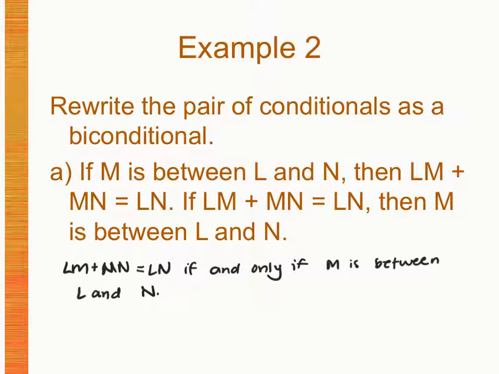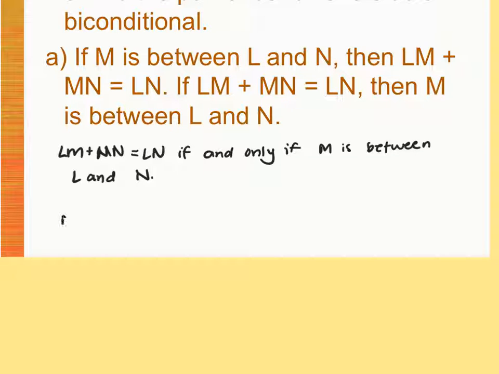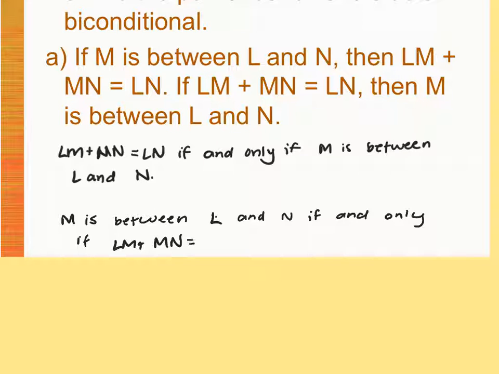M is between L and N if and only if LM plus MN equals LN. Good. I feel like it's a tongue twister. It's hard to say. All right.